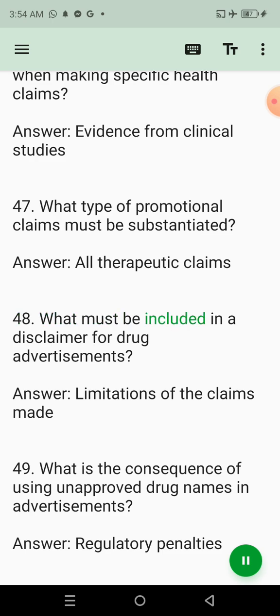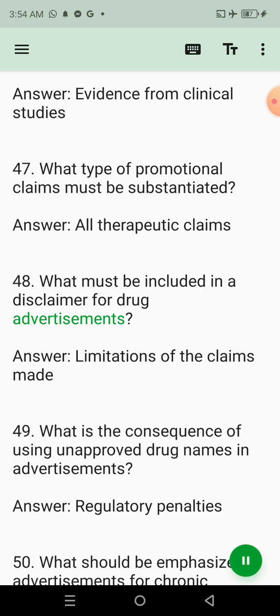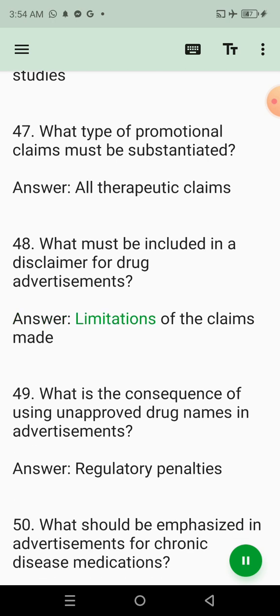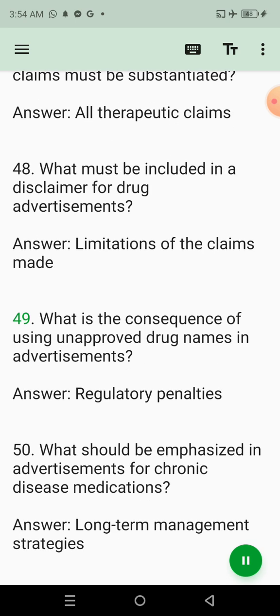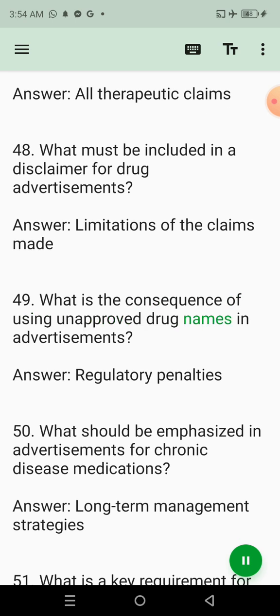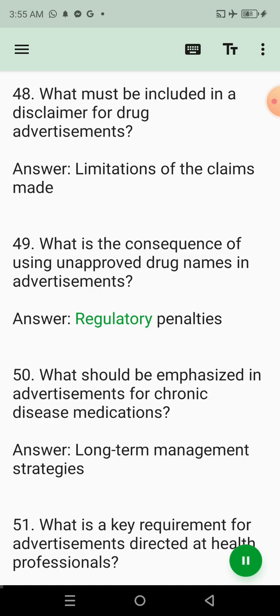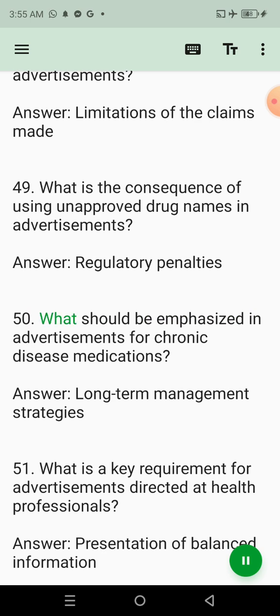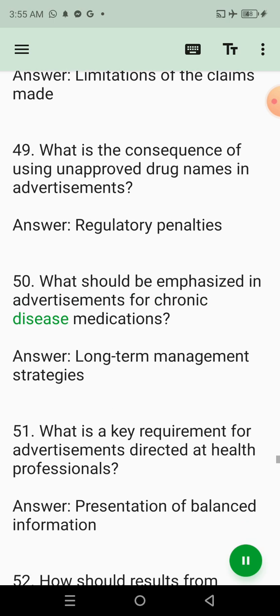48. What must be included in a disclaimer for drug advertisements? Answer. Limitations of the claims made. 49. What is the consequence of using unapproved drug names in advertisements? Answer. Regulatory penalties. 50. What should be emphasized in advertisements for chronic disease medications?